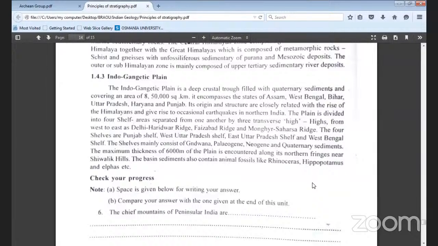The Indo-Gangetic plain is deep crustal and consists of Quaternary sediments, and the area it covers is about 8,50,000 square kilometers, and it is surrounded by the states of Assam, West Bengal, Bihar, and Uttar Pradesh, including Haryana and Punjab also.